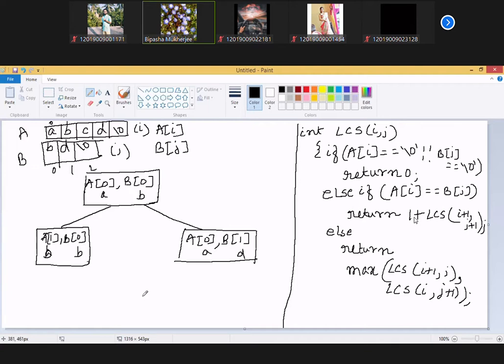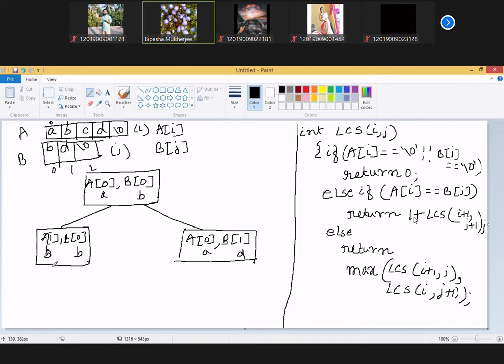Once you get this, now this is a match. So once this is a match, it will call the next. For a match, it will call the next.